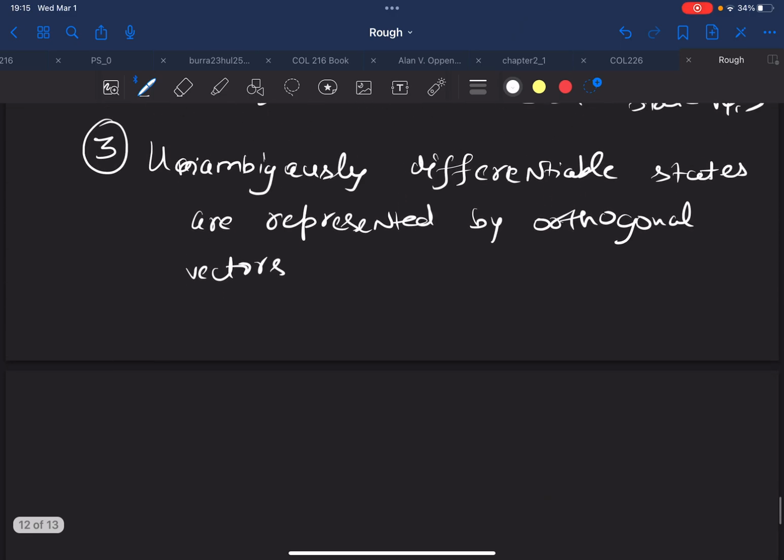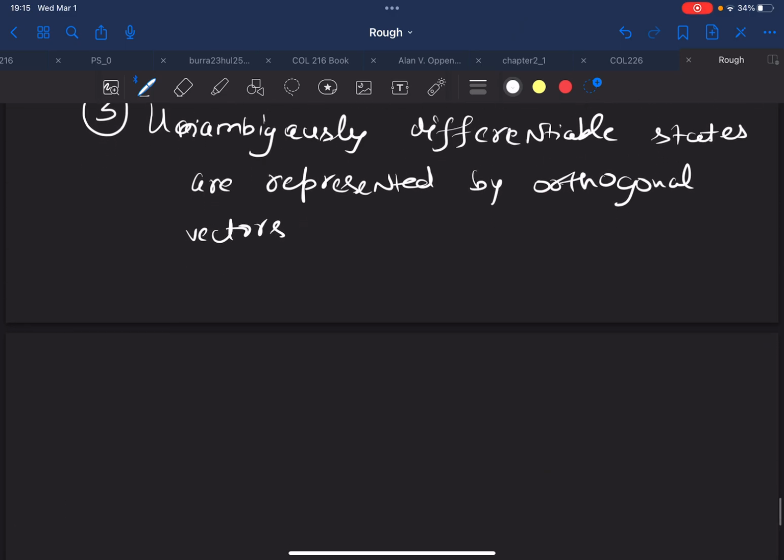So what does this mean? What we mean by unambiguously differentiable states is that these types of states cannot be differentiated by any measurement of an observable.